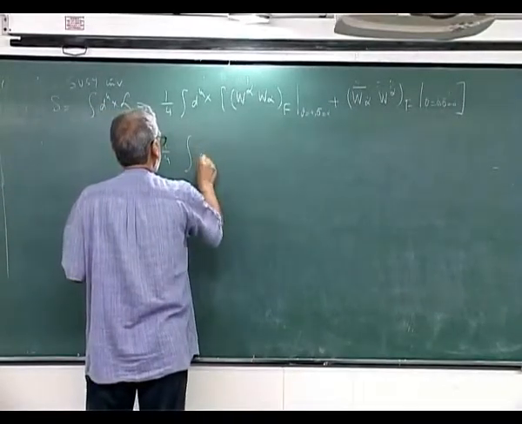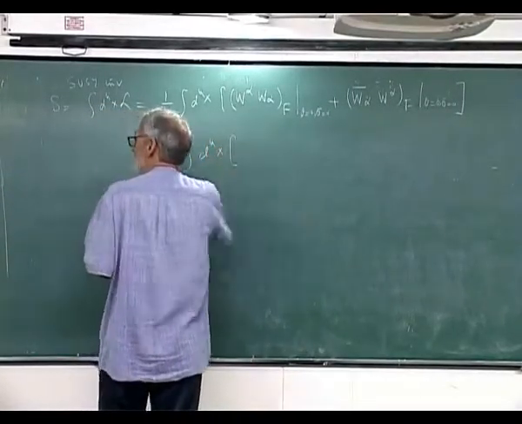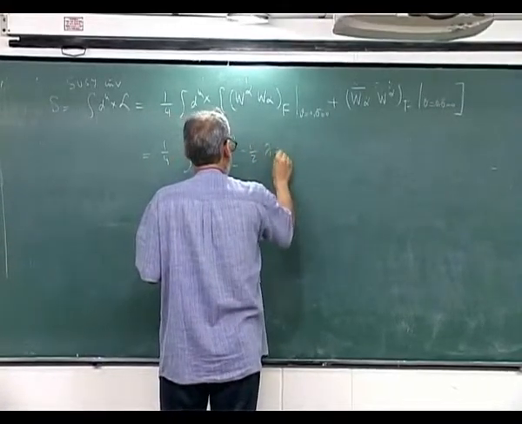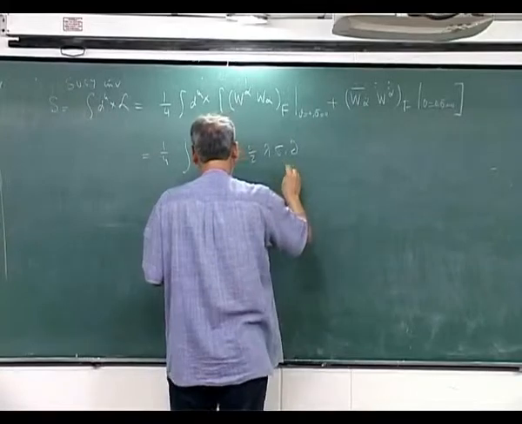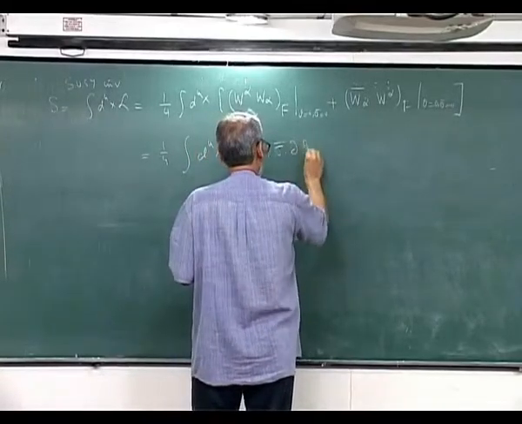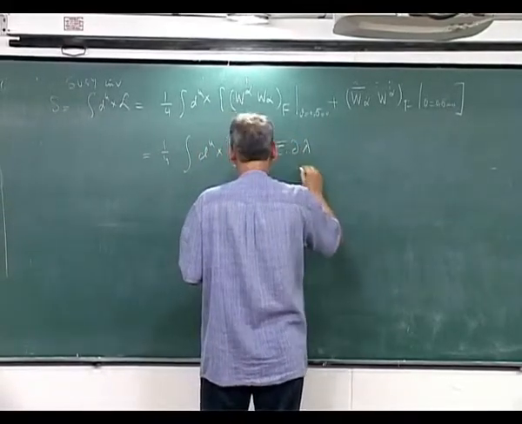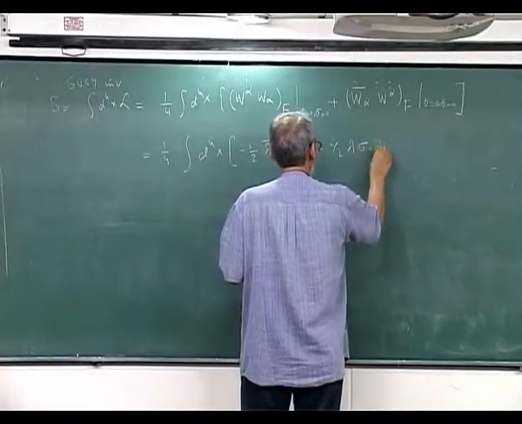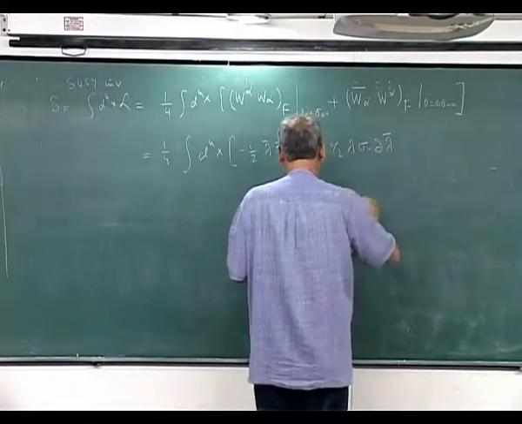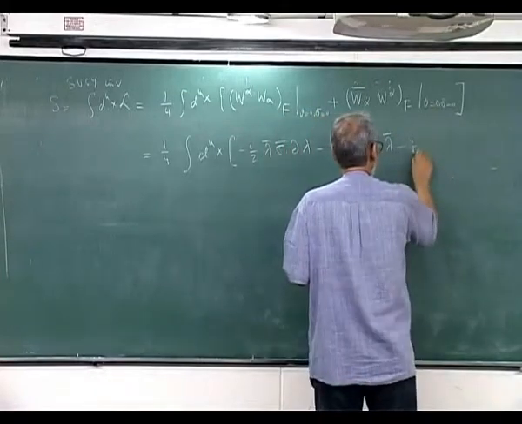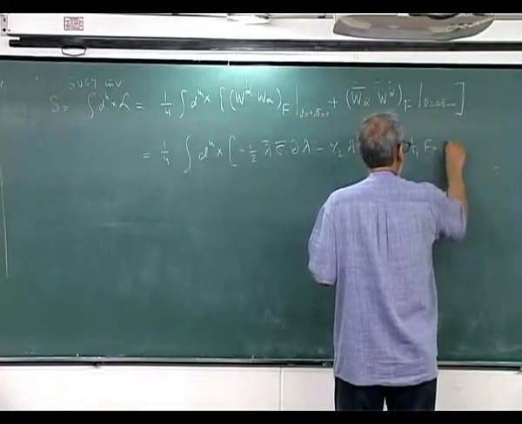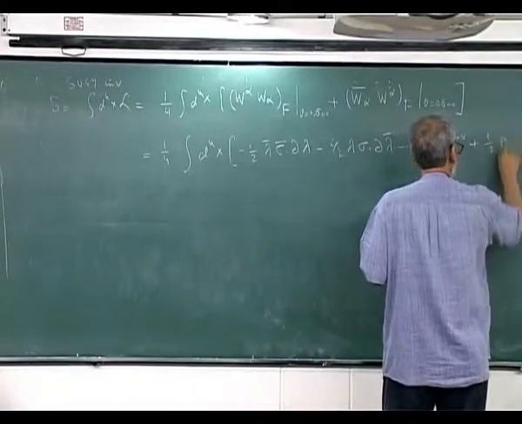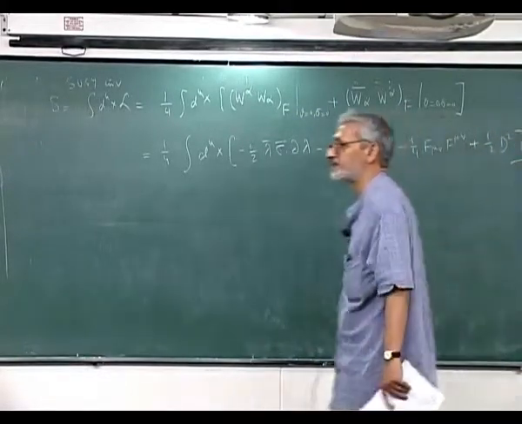And if you write it explicitly, now you just add them up, it is minus I by 2 lambda sigma dot d bar lambda bar minus I by 2 lambda sigma d lambda bar minus 1 by 4 F mu nu plus 1/2 D square.